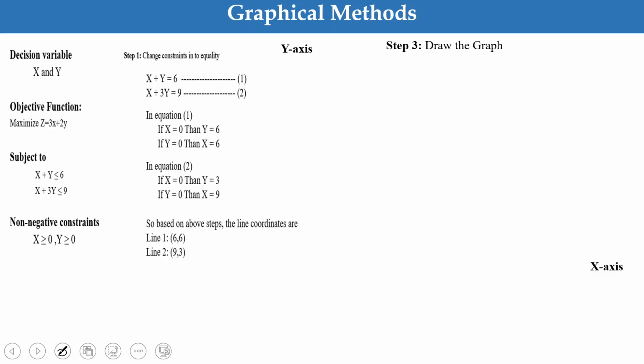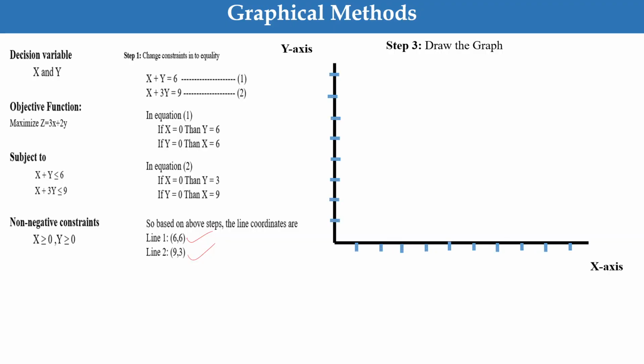Now what we will do is, based on 6, 6 and 9, 3, draw the lines. This is the x-axis and this is the y-axis. Now, 1, 2, 3, 4, 5, 6, 7, 8, 9, 10.